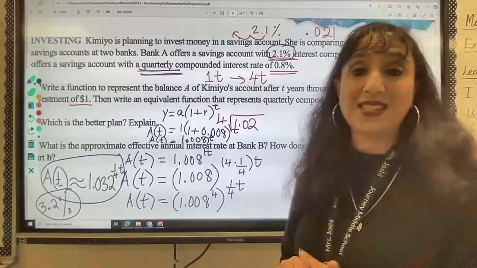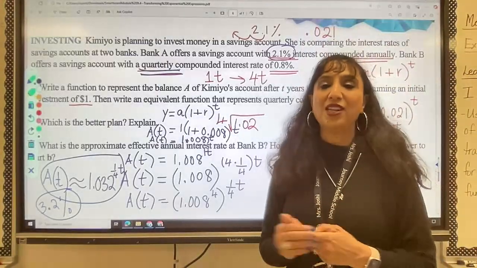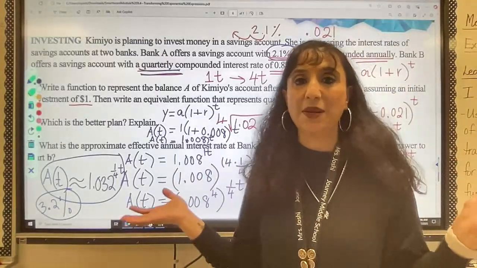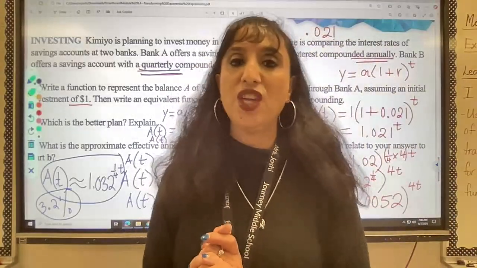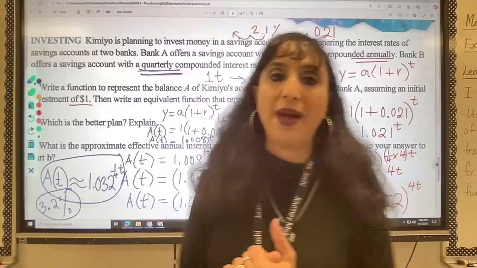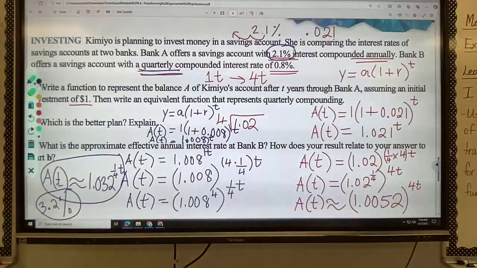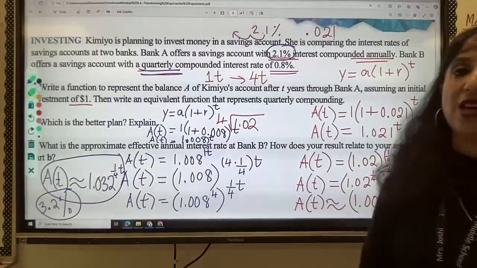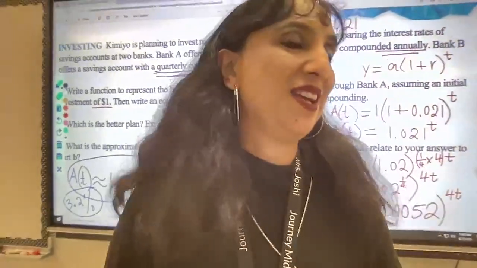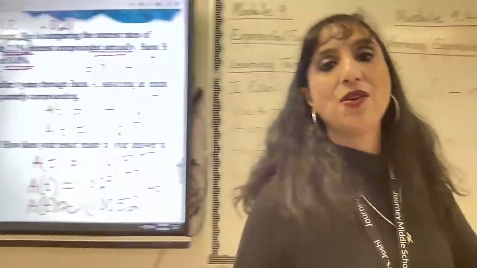Bank B has the better plan. That's basically what this lesson is about. You just need to change them to the same form of compounding, and then that is how you are going to see which is the better interest rate. That's basically what this entire lesson is about.